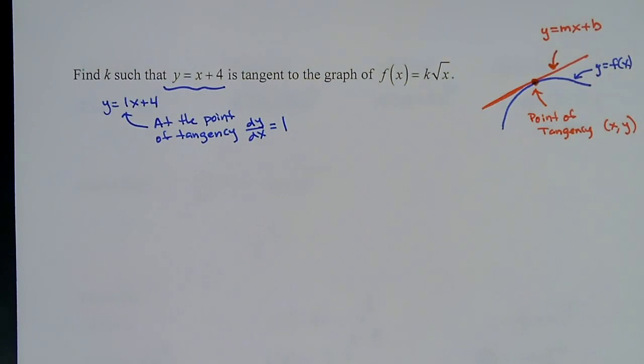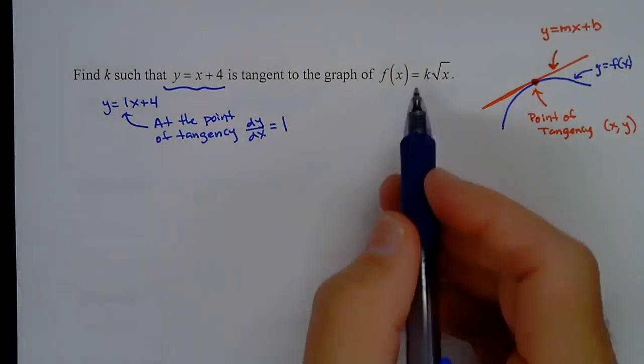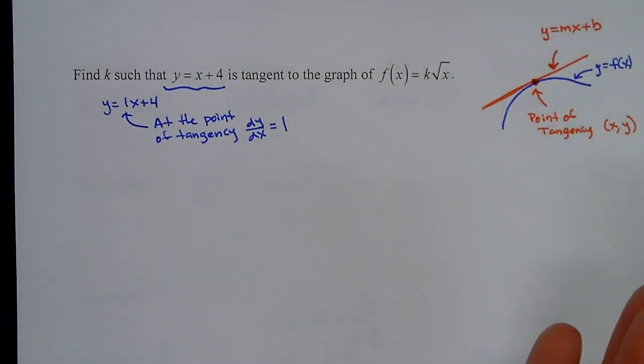Has to. We don't know the x that it happens at, right? But we know this derivative has to come out to be 1. For this k to exist, the derivative has to come out to be 1. Okay, the slope has to be 1. All right, so let's start with this. Okay, now k is going to be some constant. It's some number. We just haven't figured out what the number is yet.